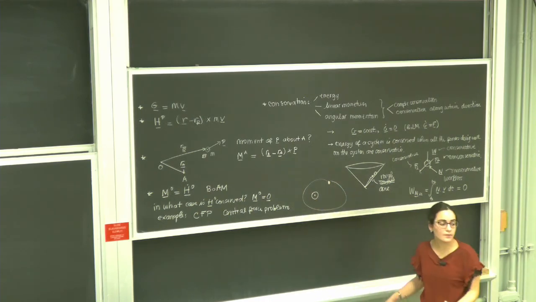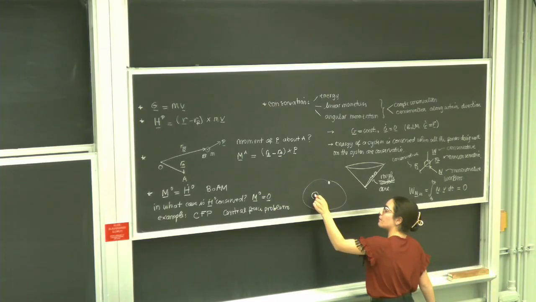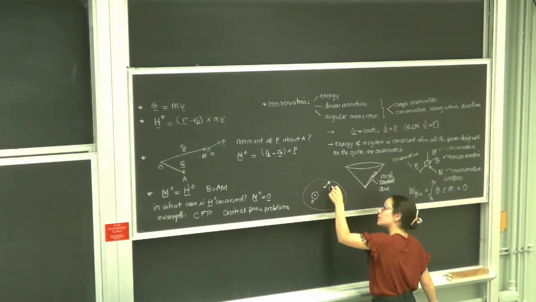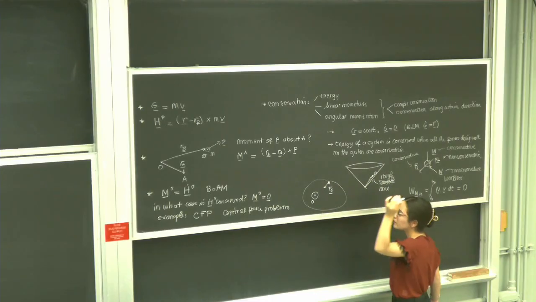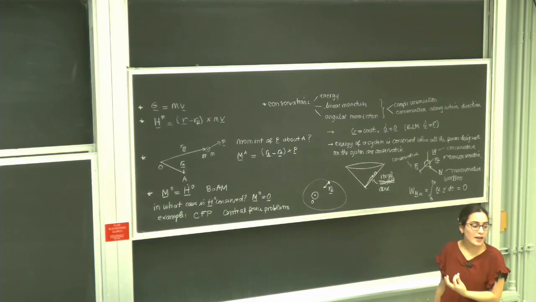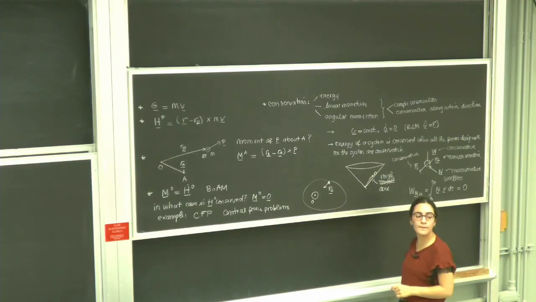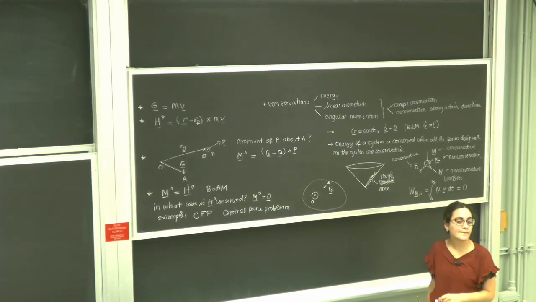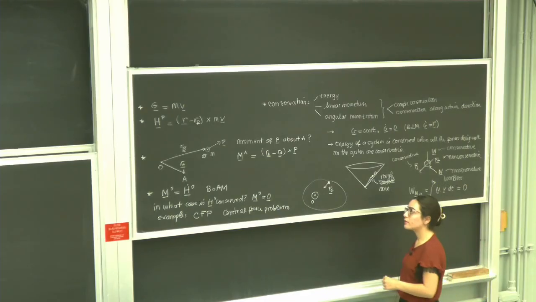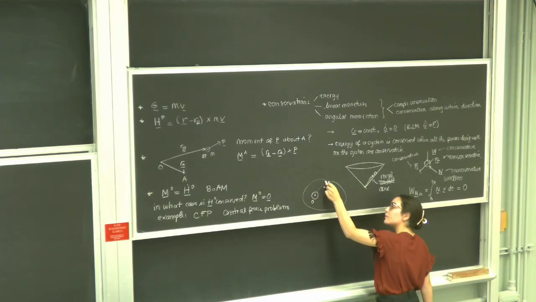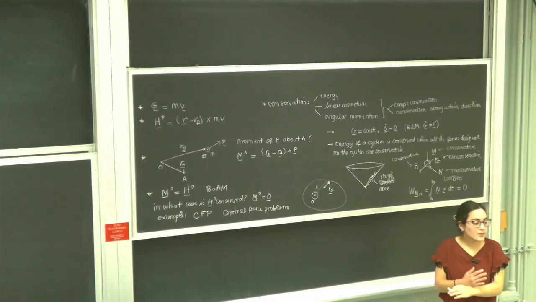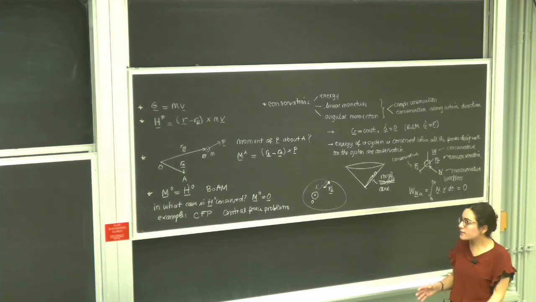If I take my Sun to be fixed, the only force acting on the satellite or the planet is the gravitational force. And what is the moment of this force about point O? Zero. Why? Right, because the position vector R crossed with the force is 0, since the two vectors are parallel. So that's a central force problem.